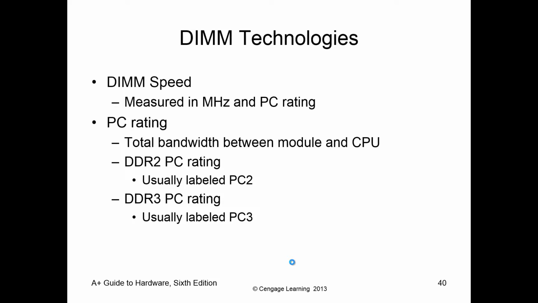Again, that is just the total bandwidth between the memory and the processor. Another way to verify the speed is just the megahertz. DDR3 right now comes in 1600 megahertz modules. Now the PC rating is not 1600 megahertz. It would actually be the PC3 bandwidth.